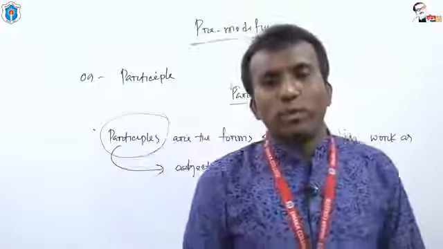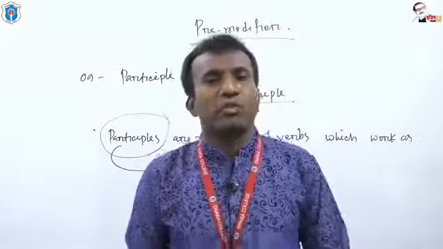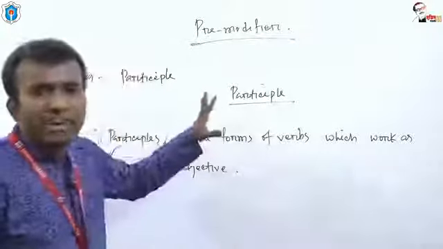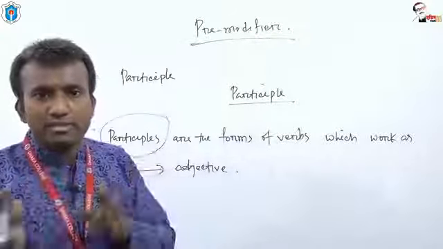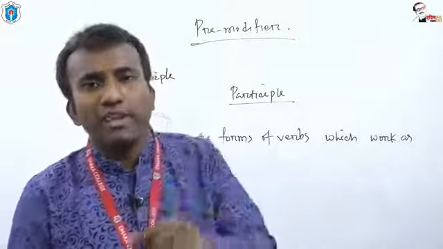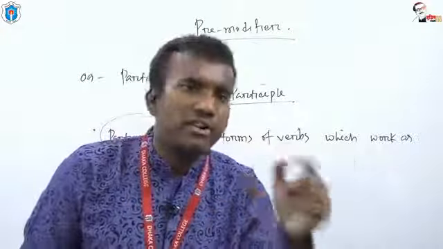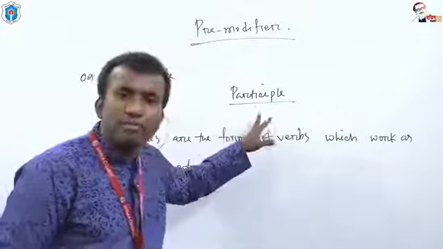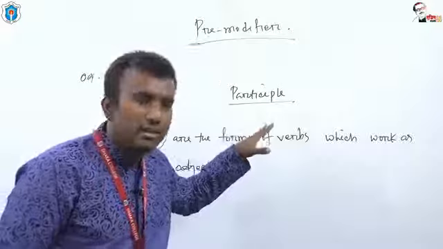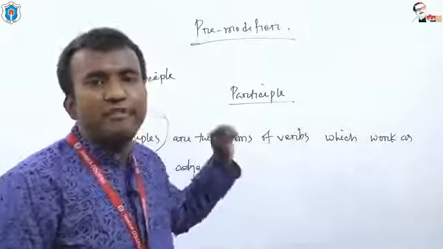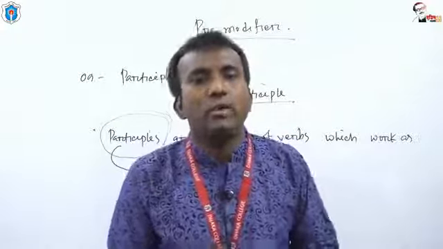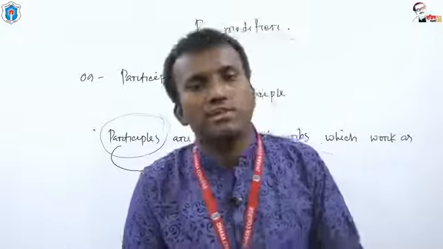When does a participle work as adjective? We have to consider. Non-finite verbs are of three types: infinitive, participle, gerund. Non-finite verbs come from verb. So infinitive, participle, gerund come from verb. Participle comes from verb. The form of verb working as an adjective is called participle.